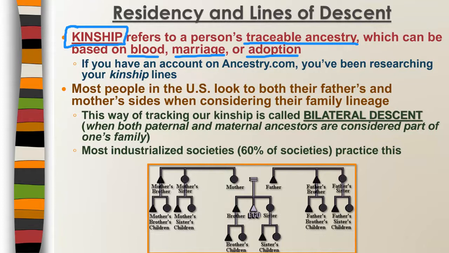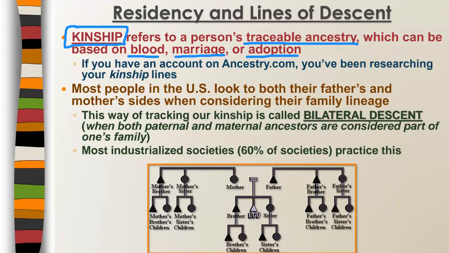We are related through blood or marriage, but I don't really consider him part of my family. If I was in need of help, I wouldn't even think to call him. I have no emotional connection really there, but I would definitely call my mom. So that's the little difference between our definition of family and our definition here of kinship.